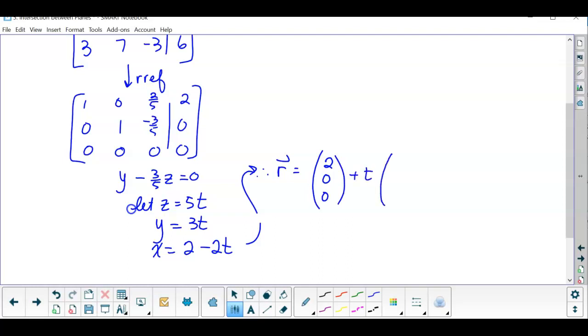So basically, if you look back at the actual equations of these planes, we just changed one of them from the last question.